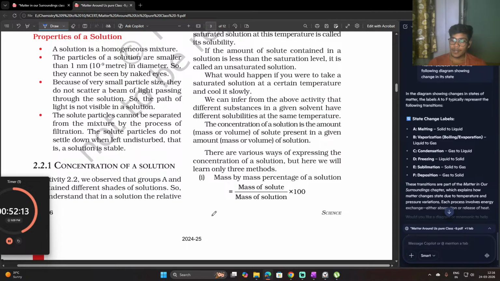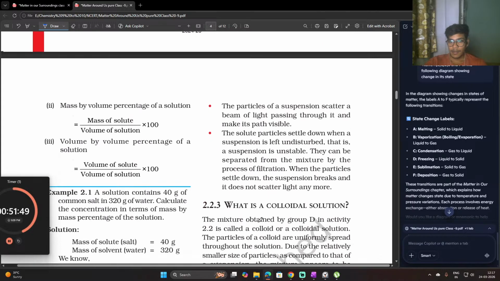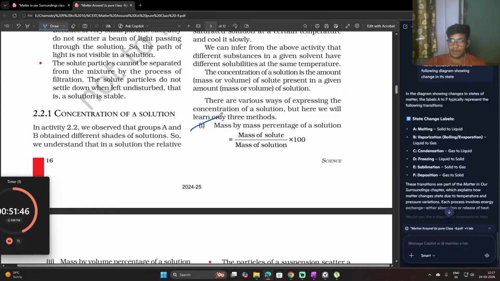It's simple. First take the mass of solute that they are asking for, divide it by the mass of solution, and multiply by 100, and you get the mass percentage. So this is the first formula.